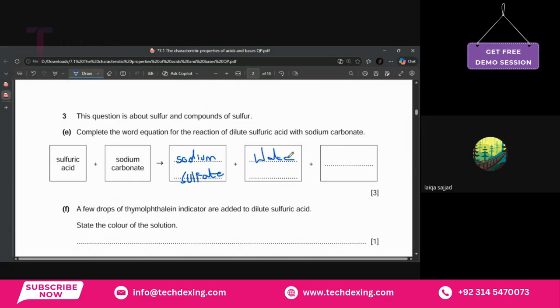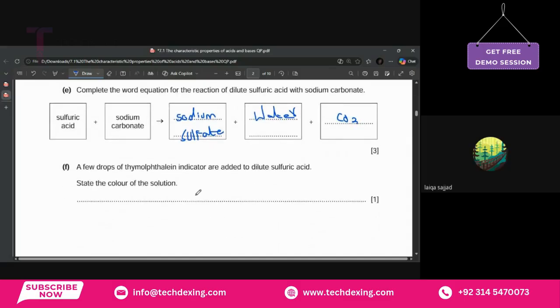Then we are given a few drops of thymolphthalein indicator added to dilute sulfuric acid. You have to state the color of the solution. It will be colorless. Very good.